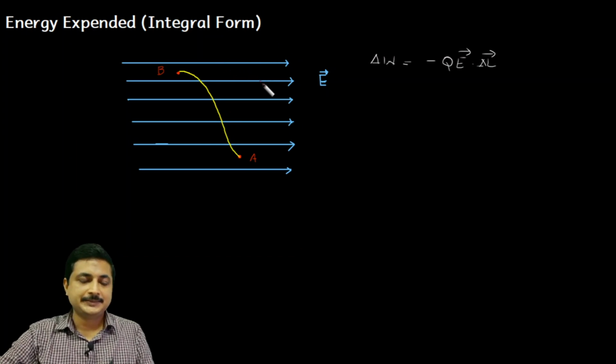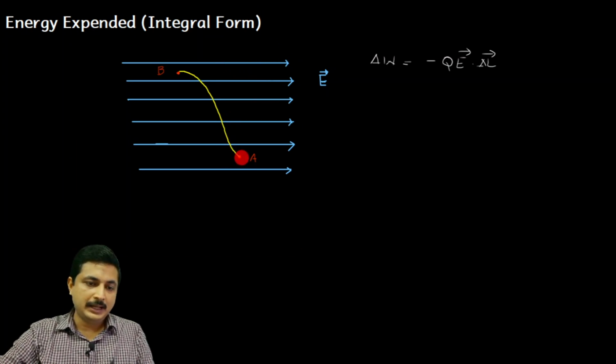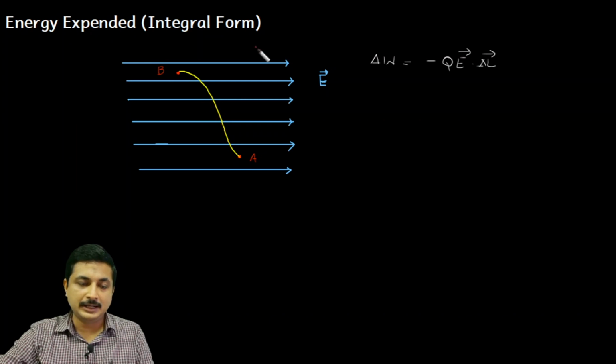From A to some distance, let me consider A dash, that much is my differential length delta L. So, I will divide this entire path from A to B, which is assumed to be very lengthy, into small differential paths, delta L1, delta L2, something like this. Let me mark that. I will initially move from A to A dash, in small steps.